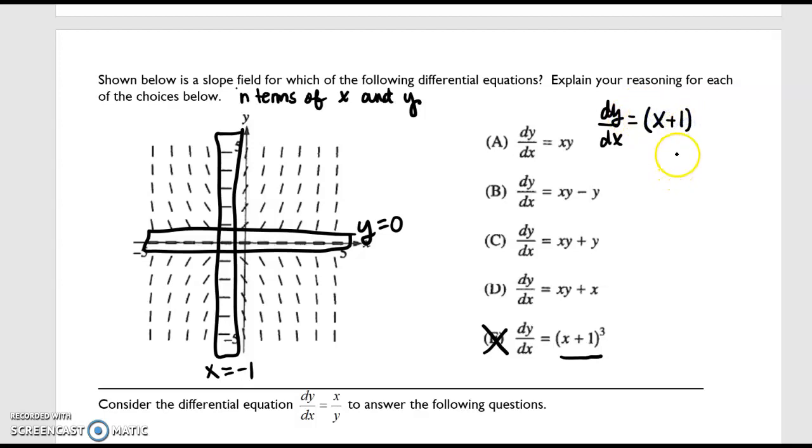So that if I plug in x equals negative 1, I would get 0. And then if I plug in y equals 0, the factor associated with that would just be y. And so my factored form would be x plus 1 times y. So either way, if I plug in x equals negative 1 or y equals 0, I would get 0. That doesn't match up yet, but maybe we can expand. And I would see that my differential equation has to be xy plus x. That's going to be D.